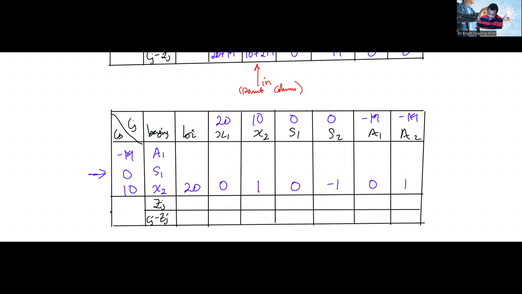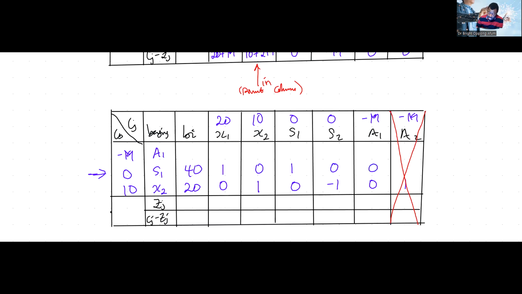This is the trick you use to move fast in solving some of these problems. Remember, A2 will not come into solution, so there's no need to stress myself by computing for A2. A2 left the system, so no need to fill the tableau for A2.